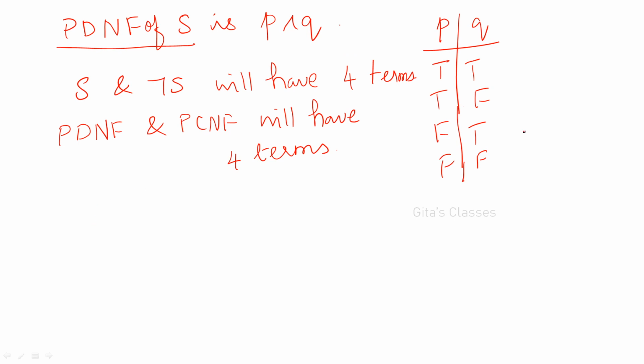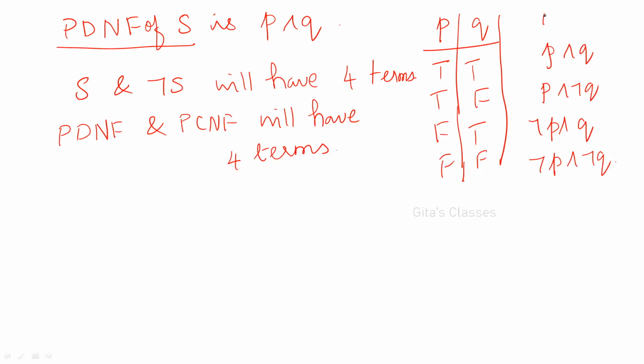Now from this, the remaining we can write. So for this P and Q, what are the terms we have? P and Q, P and negation Q, negation of P and Q, negation of P and negation of Q. These are called the min terms.